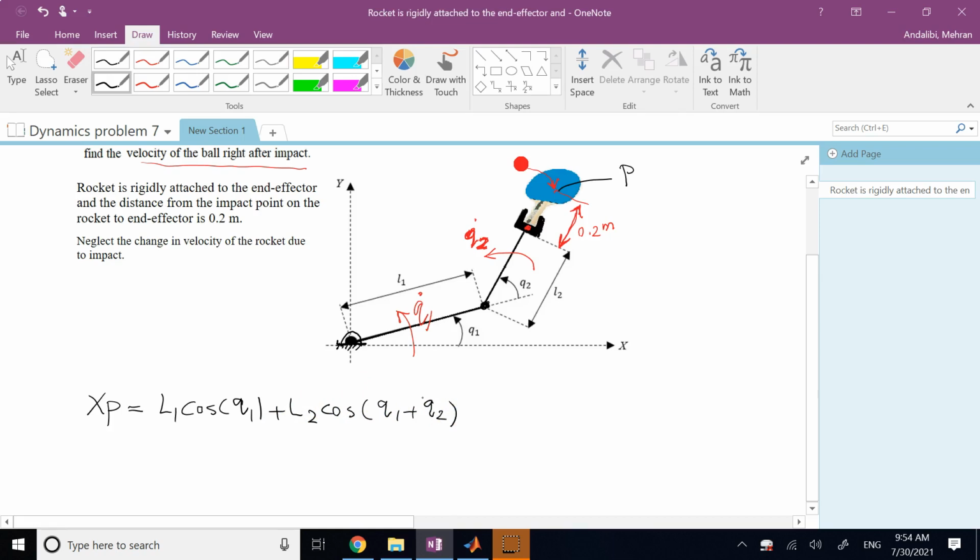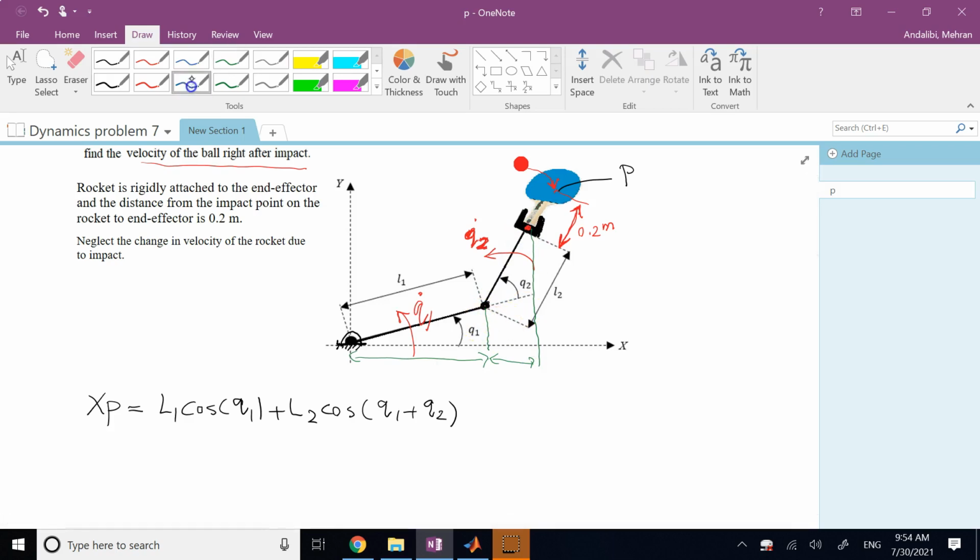Because this portion here is L1 cosine Q1, and then this portion here that you have to add, this is L2, but cosine of the angle that the second link makes with respect to the x-axis, so you need this angle here. And this angle is clearly Q1 plus Q2, right? Because this smaller angle here is Q1.